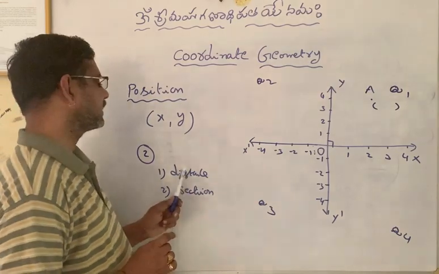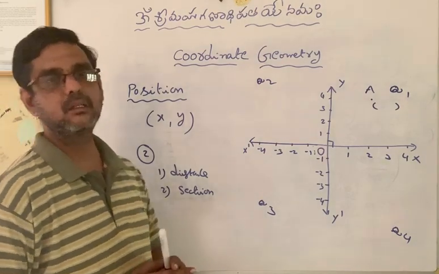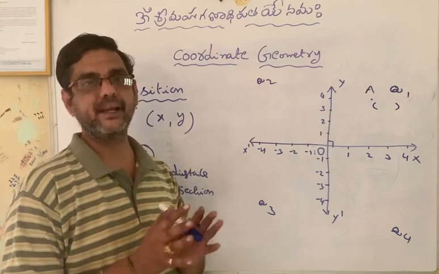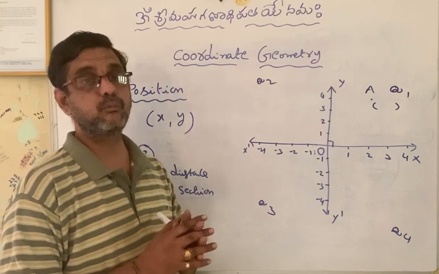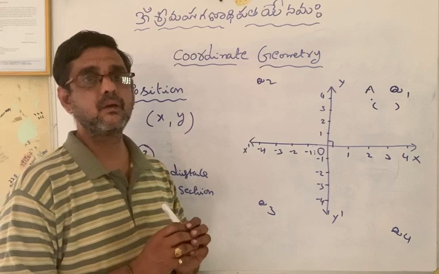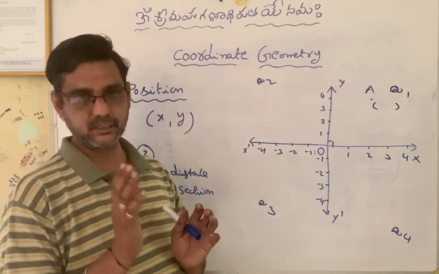What is the distance formula? We are going to find out the distance between any two points in the Cartesian plane when we know their positions. That means we must know the positions of both points.